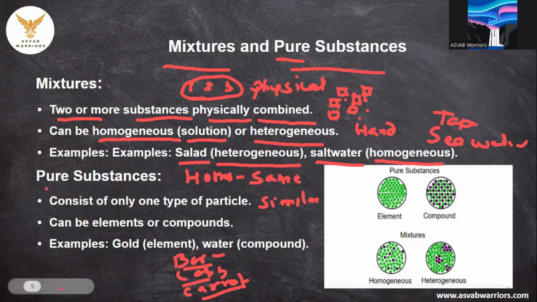When we are saying pure substances, then these consist of only one type of particle. In the earlier case, what we have seen, there are multiple kinds, either two or more kinds of materials mixed together, then it is called a mixture. When we are talking about pure substances, it is always of one type.